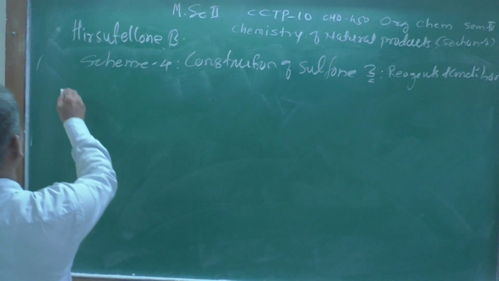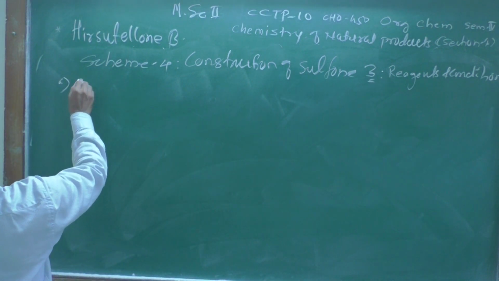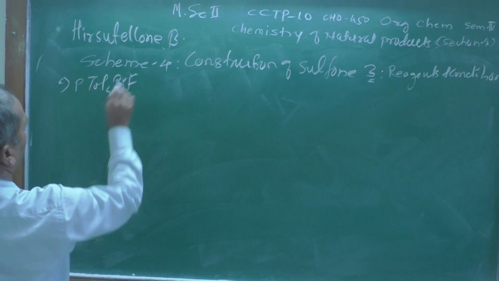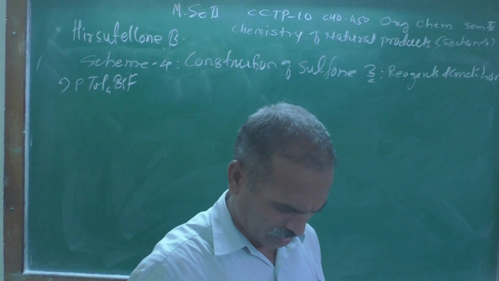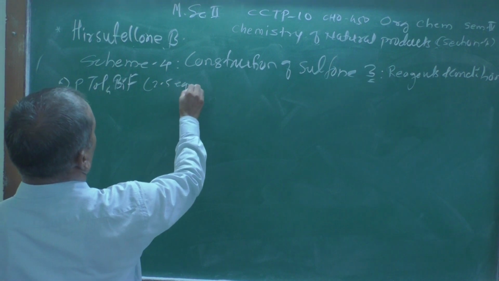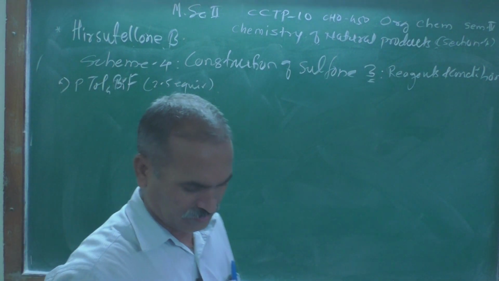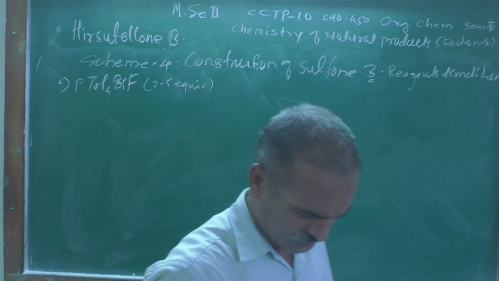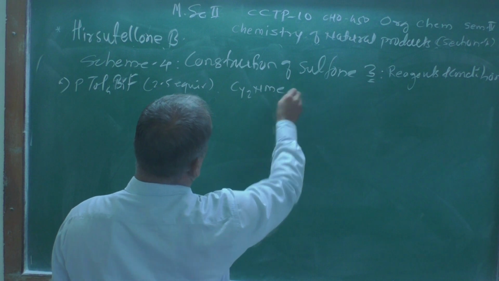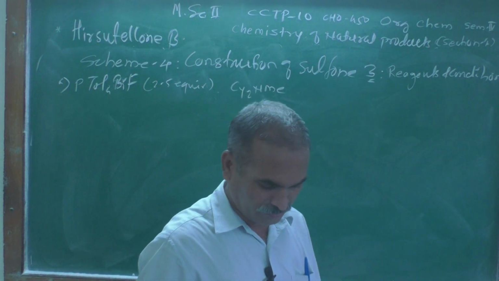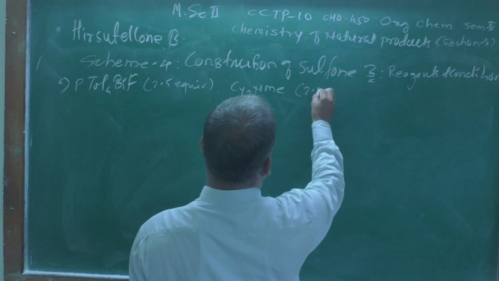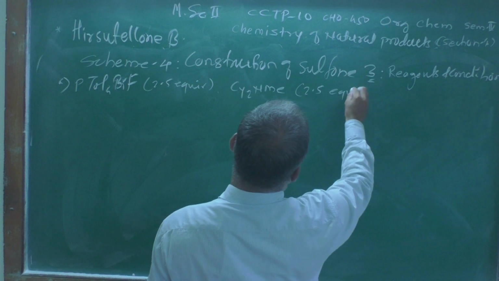The A reagent which we have seen here is para-toluene 4 BIF, that is 2.5 equivalent, followed by CY2 NMe. The full form of that CY2 we will see later on. That is also used as 2.5 equivalent.